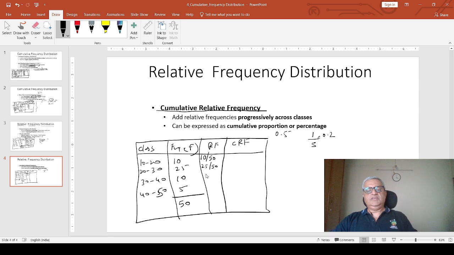So 10 by 50 again is 0.2, and 5 by 50 is 0.1.